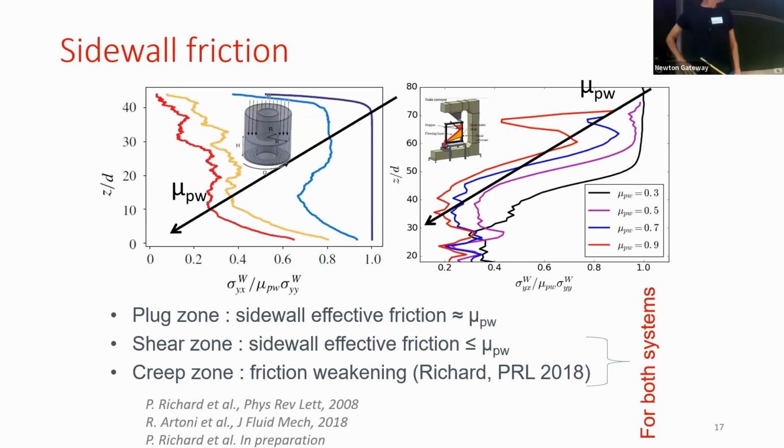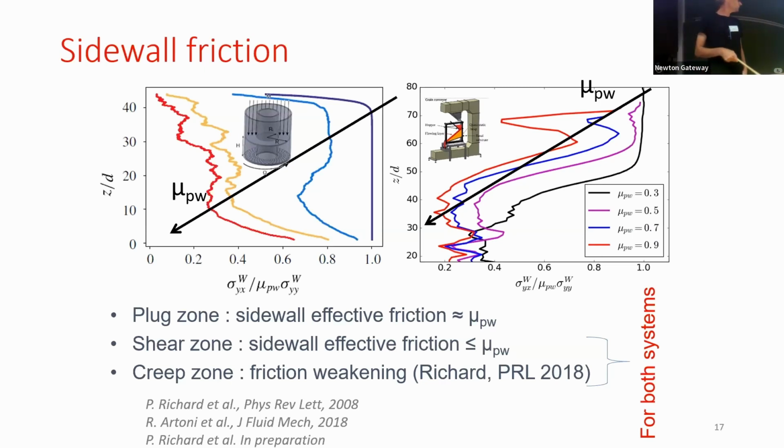So let's start with the shear cell system. If you remember, at a low grain-wall friction coefficient, you have a plug flow close to the bottom. And of course, in such a case, the effective friction coefficient is equal to the grain-wall friction coefficient.